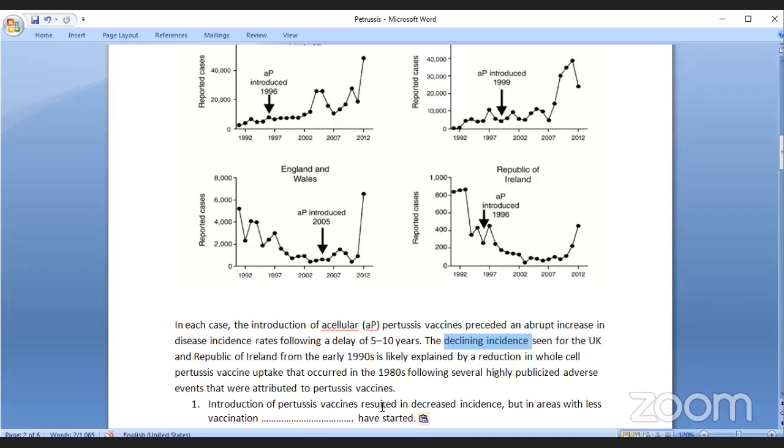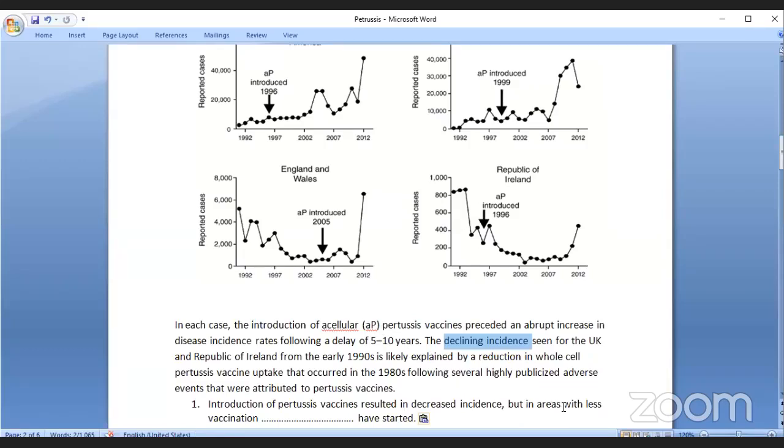I can change the question a little bit, but overall, adverse events was wrong. Totally wrong. Here, better is declining incidence. I need to rearrange this question a little bit. So the answer should be declining incidence. Introduction of pertussis vaccine resulted in decreased incidence. Overall, there was a decrease in incidence, but after 5 to 10 years, there was an increase.